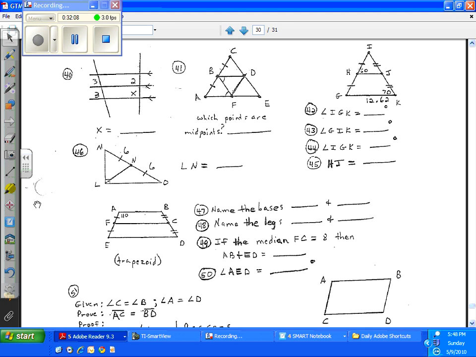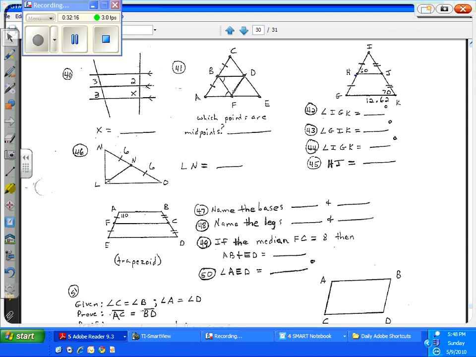All right, number 42, we're looking for some angle measures, and then we're going to be looking for a length of a side. This brings us to the next theorem, which says a segment that joins the midpoint of two sides of a triangle is, now here's the conclusion, parallel to the third side, and its length is half the length of the third side.